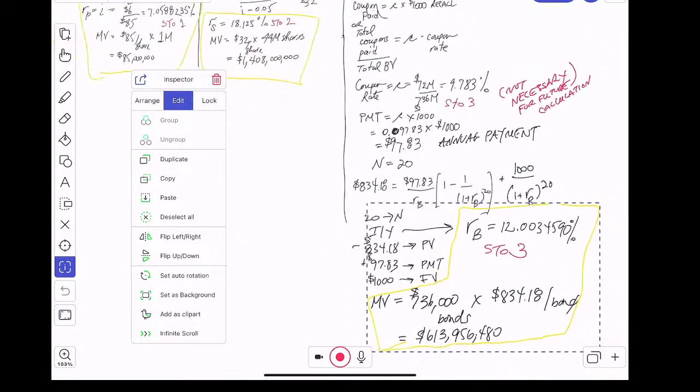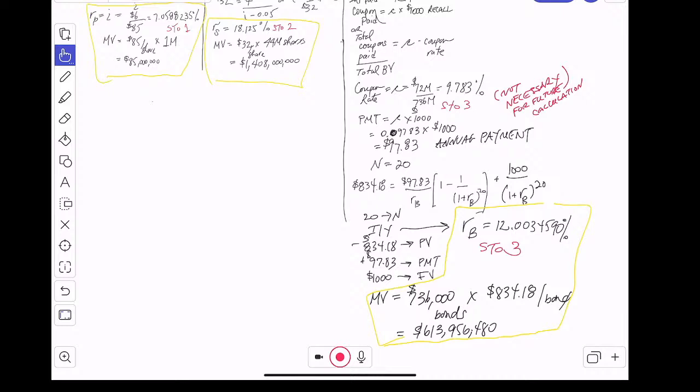Trying to make that smaller, doesn't work. So let me take these down.